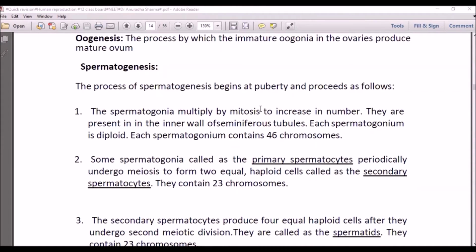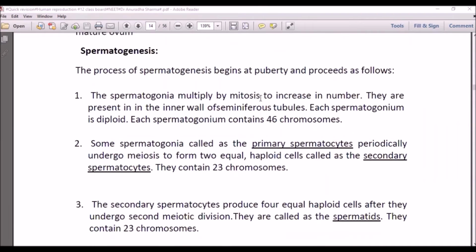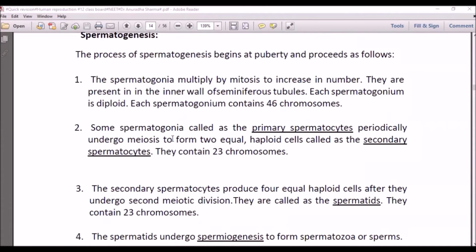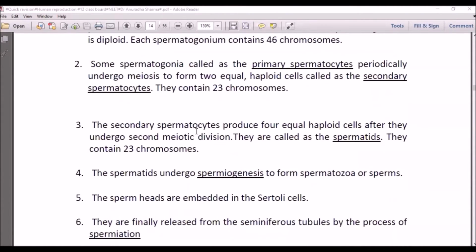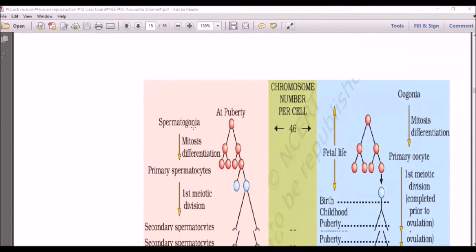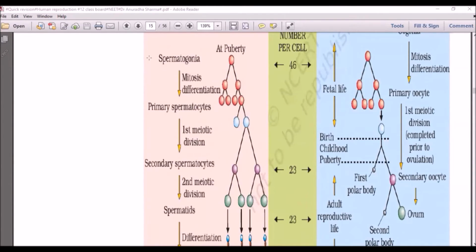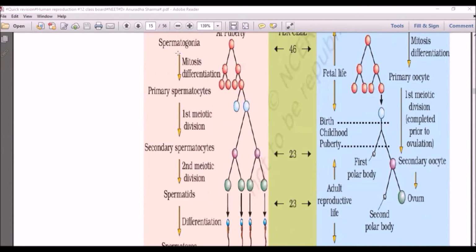Now we know that spermatogenesis begins at puberty and it proceeds as follows. First, the spermatogonia, as we can see in this diagram, multiply by mitosis and differentiation occurs, resulting in primary spermatocytes. These primary spermatocytes undergo meiotic division to form secondary spermatocytes.